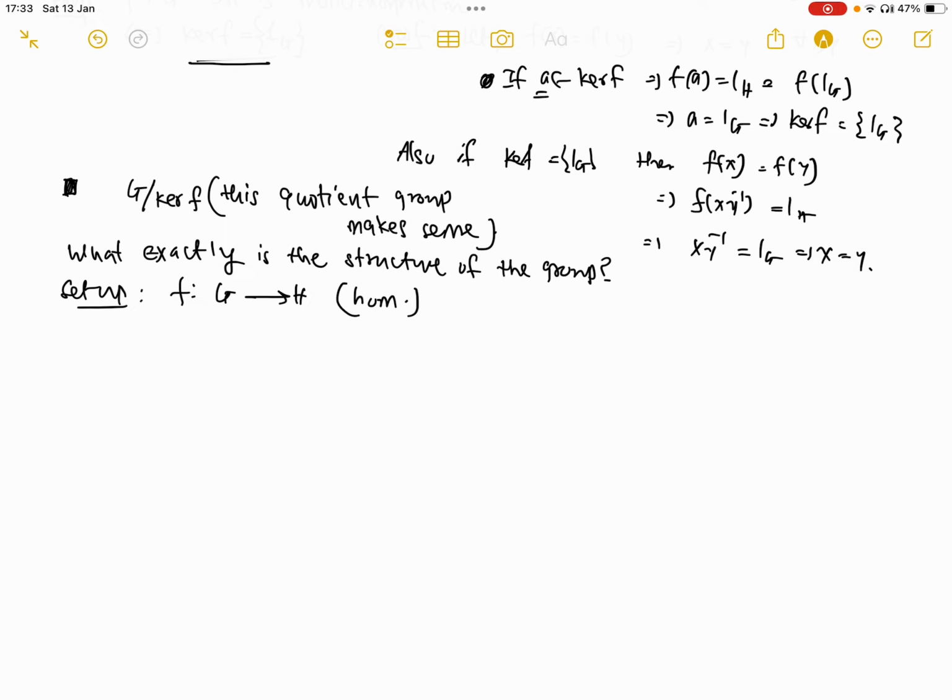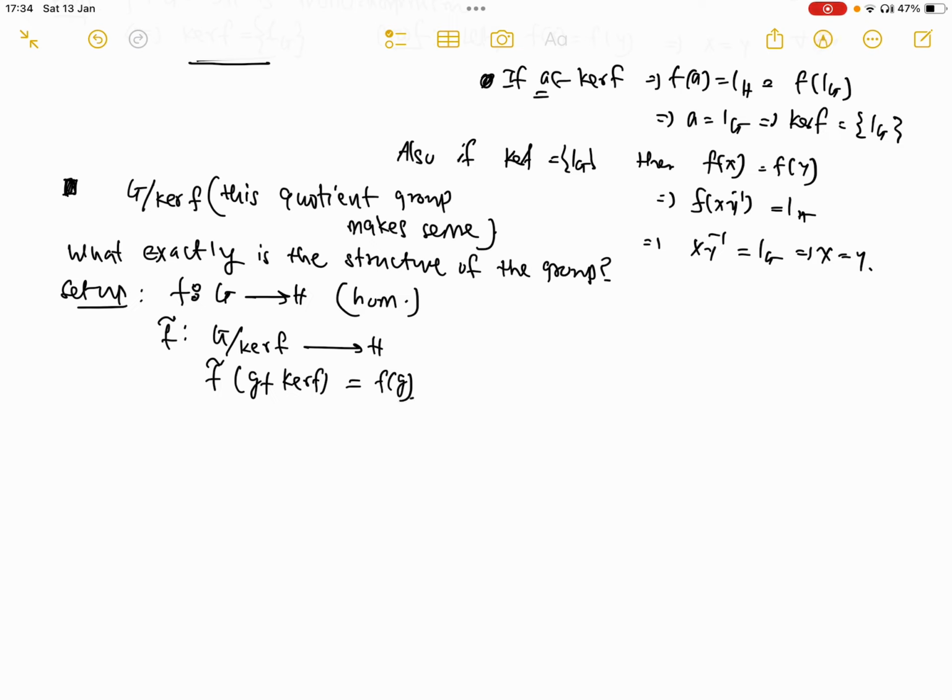I will not write homomorphism again and again, so it should be understood. So you are given a homomorphism, and now I am taking this map. Let's call it f tilde. And what does f tilde do? You take the coset g kernel f, and you send it to f of g.